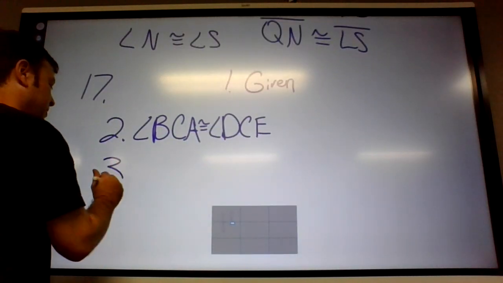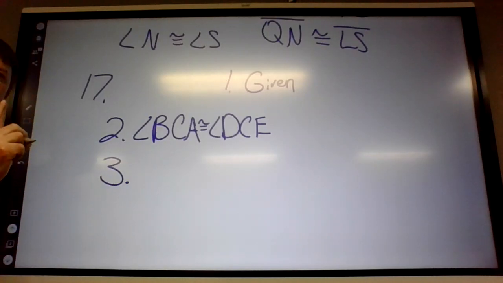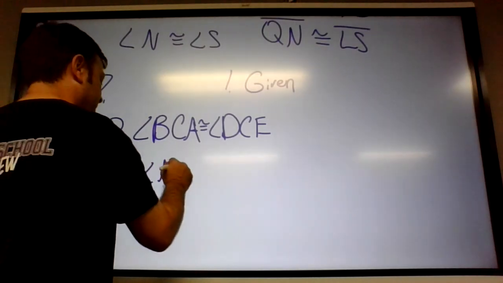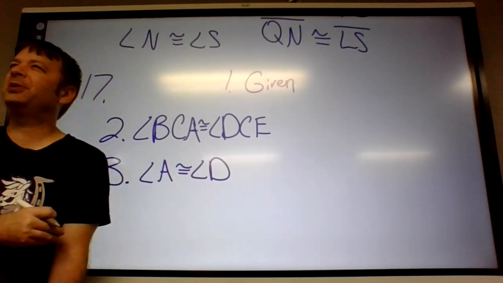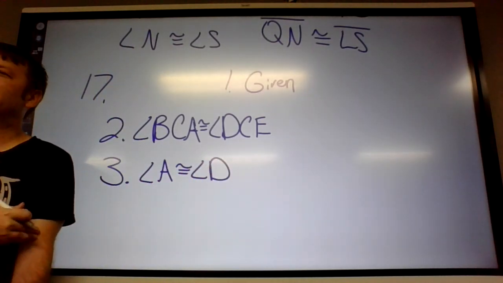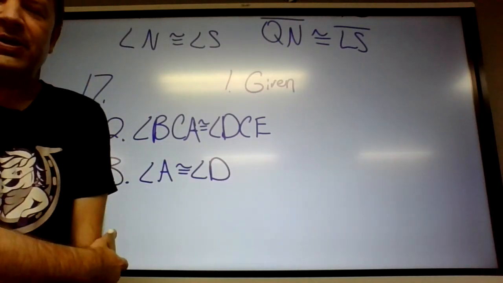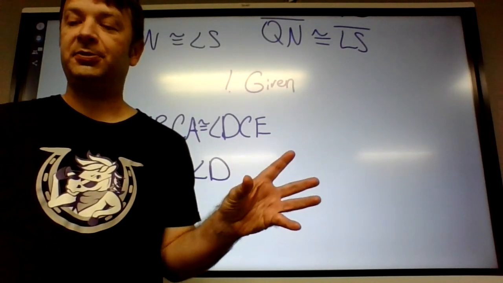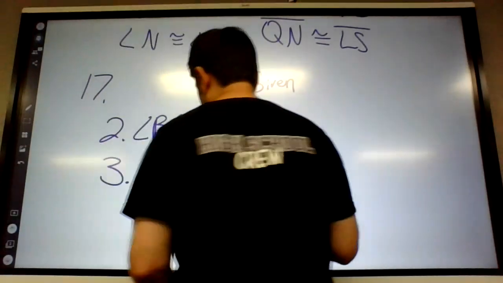Now, line 3, we're ready to say what 1 or 2 of you said: angle A is congruent to angle D, but how do we know that? I think we used this trick yesterday. If 2 pairs of angles in the 2 triangles are congruent, the 3rd pair has to be congruent. The book kind of cheated on this.